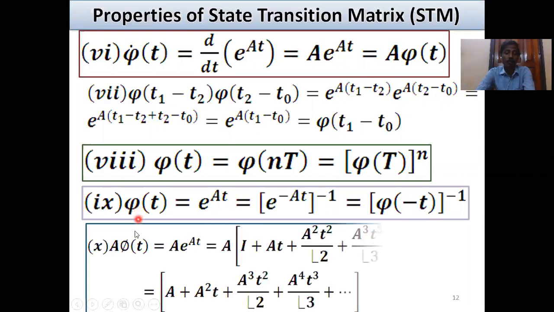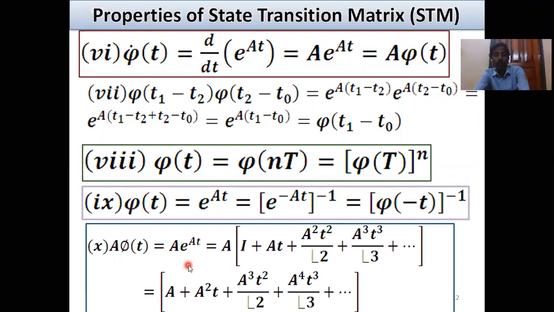And A into phi of t equals what? A into phi of t equals A into e to the power At.